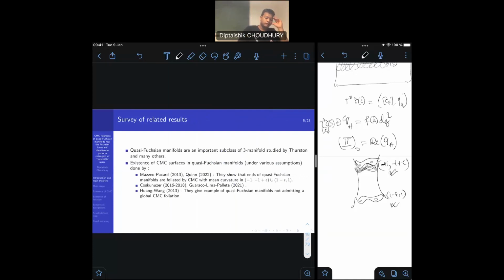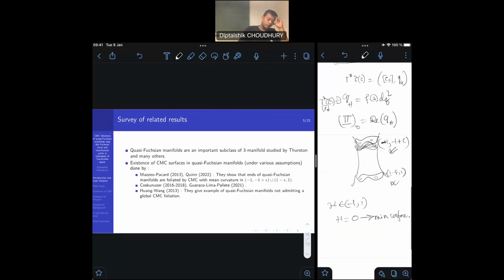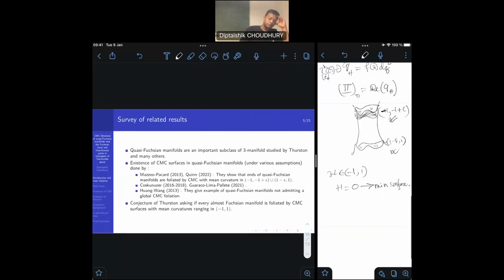You could consider that in the foliation by CMC surfaces with H in -1 to 1 that we construct, H equal to 0 is this minimal surface. In fact, if you restrict to quasi-Fuchsian manifolds containing unique minimal surfaces with values of principal curvature in -1 to 1, then you reach the almost Fuchsian space.